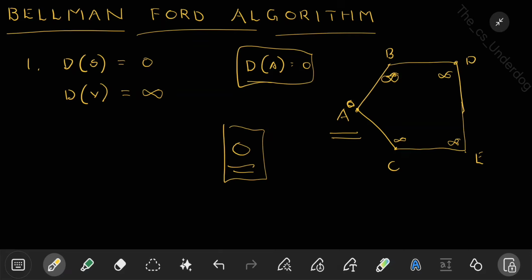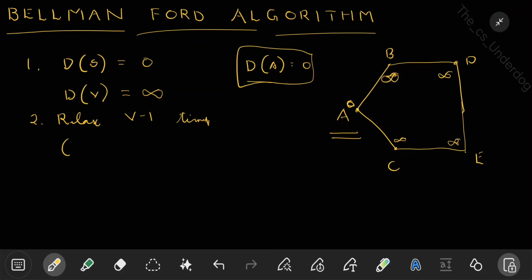What is the next step? This is where I am going to start relaxation. So second step is relax all edges. Relax all edges v minus 1 times. So let us see how exactly this relaxation is working. I will pick each edge. I'll pick each edge uv. uv means this edge is going from vertex u to vertex v.